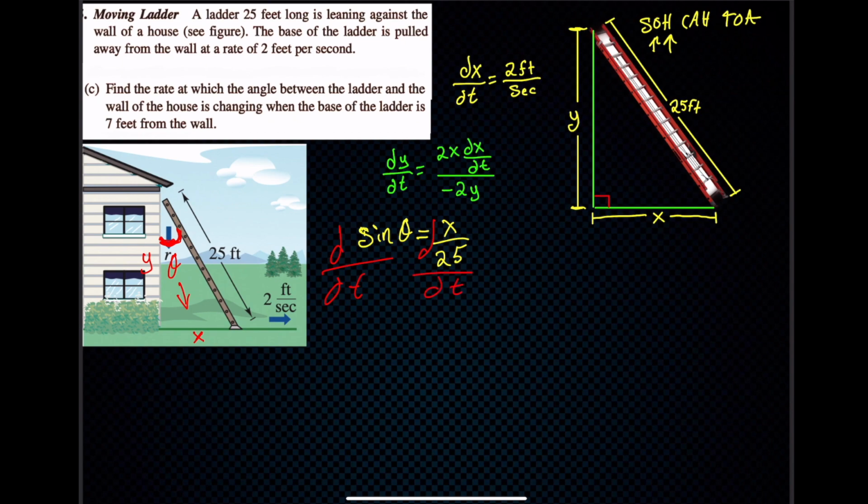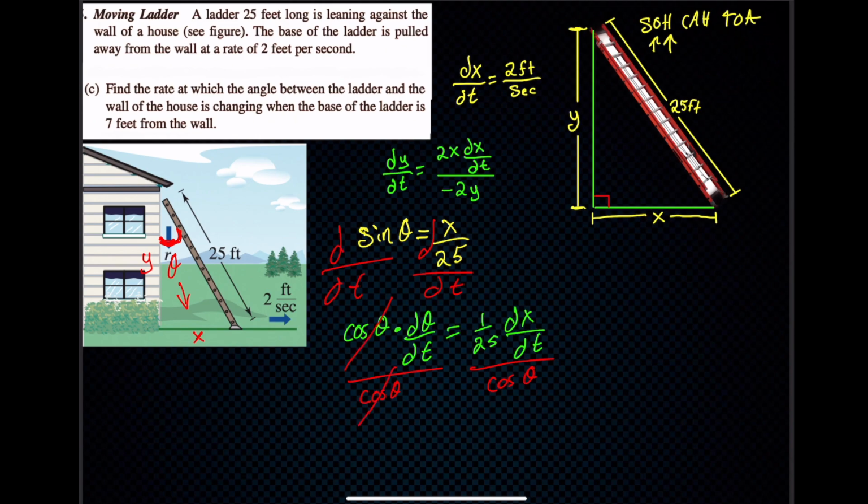So the derivative of sine theta is simply cosine theta times the derivative of theta with respect to time, d theta/dt, which is equal to 1/25, and then the derivative of x is dx/dt. Now if I try to solve for d theta/dt, I need to divide by cosine theta.